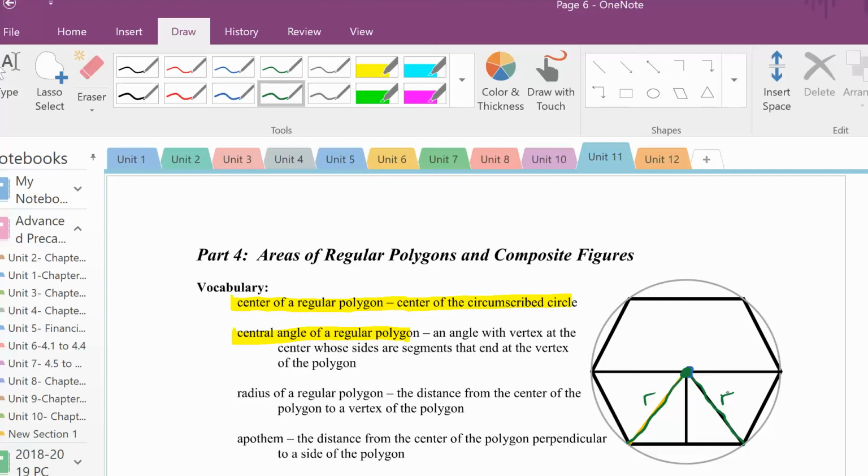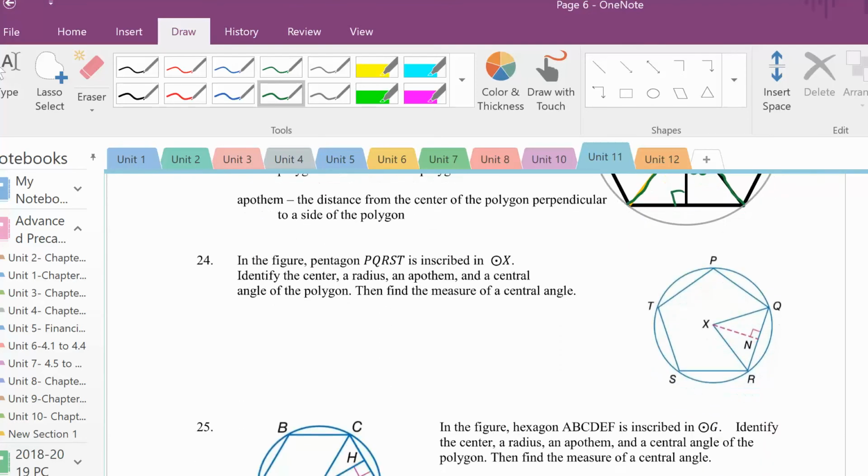And the apothem is the distance from the center of the polygon perpendicular to a side. So basically here, this right here is the apothem of the polygon. All right, so all of those are key.